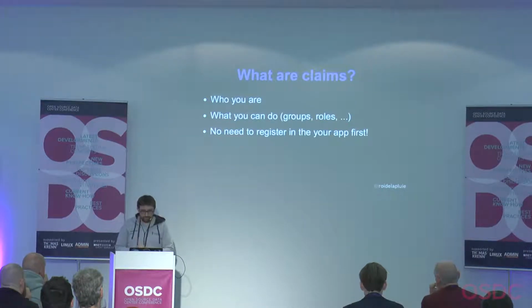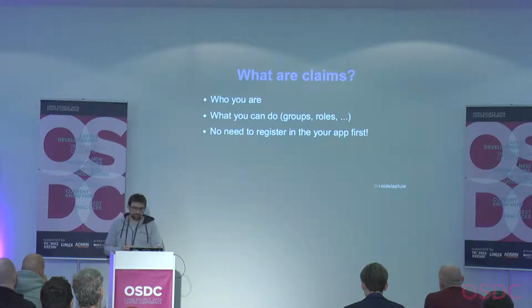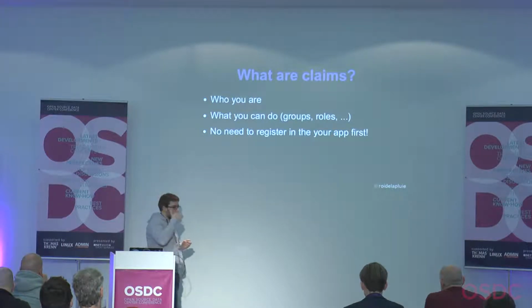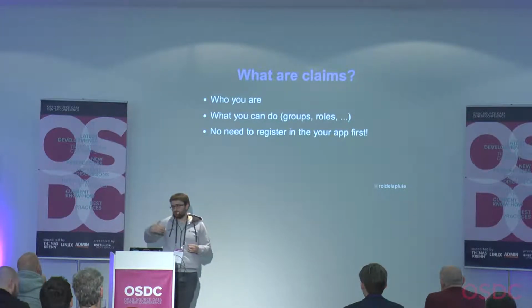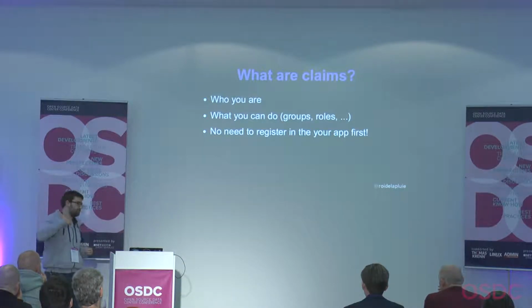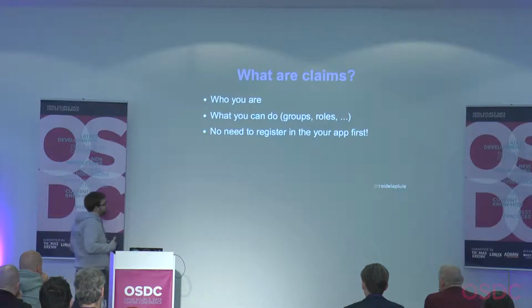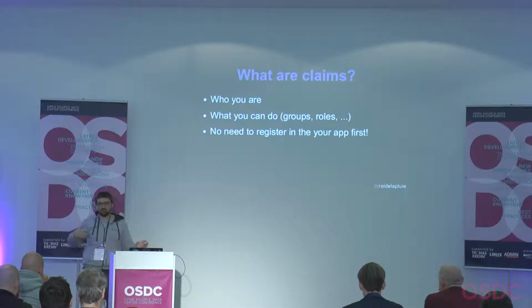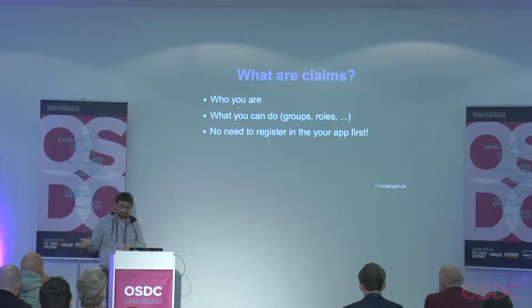So the claims, as I told you before, tell you who you are and what you can do. But what's important is that, because it is signed by the Keycloak server, I don't need to register in the first application. If my user is not known by the application, it is nothing, because Keycloak tells me there is a user called Julien Pivotto, so I should probably create it, because I know it's true.